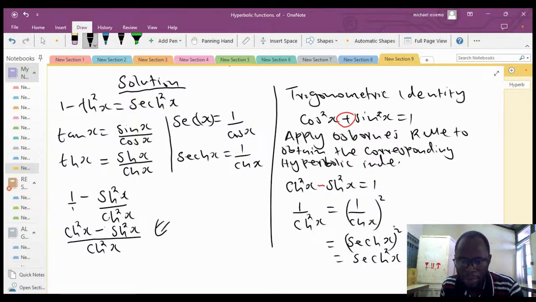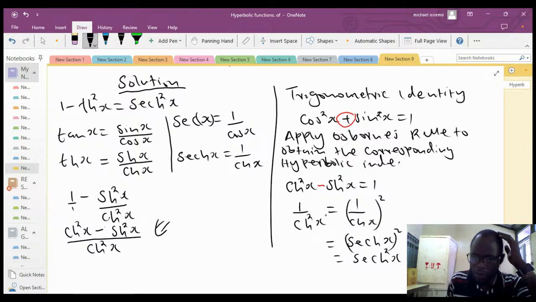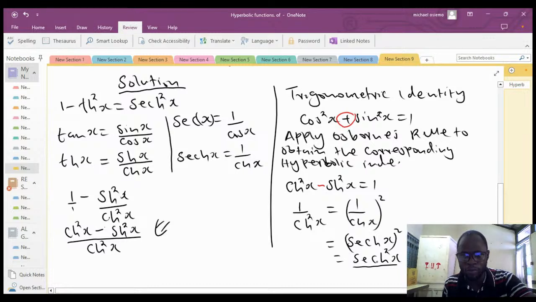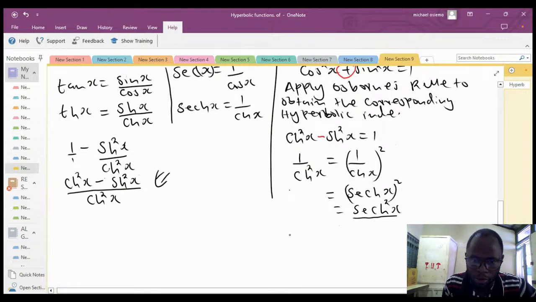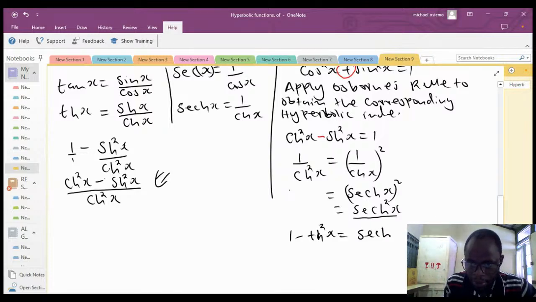For trigonometric and hyperbolic functions, we square the function like that, or raise the power the way we have done here. So you can see the end of our proof. That's 1 minus tan hyperbolic squared of x is equal to sec hyperbolic squared of x. That is the end of the proof. Do you have any question?